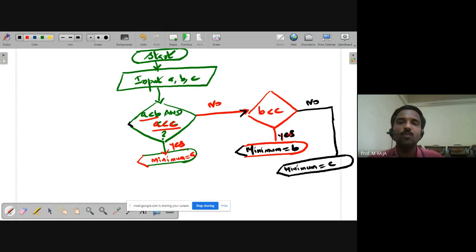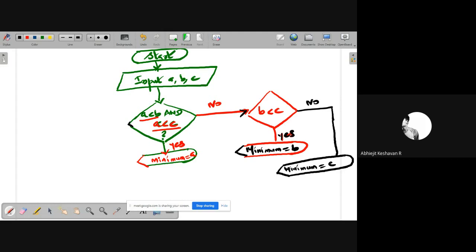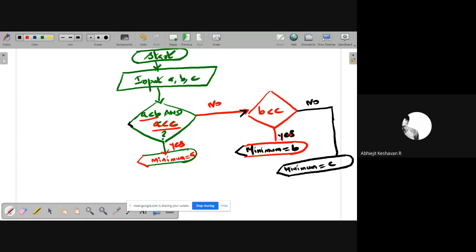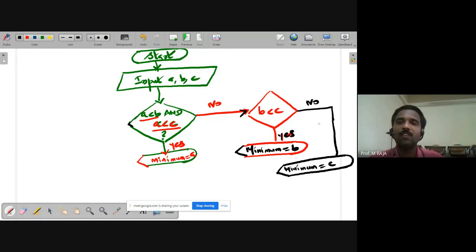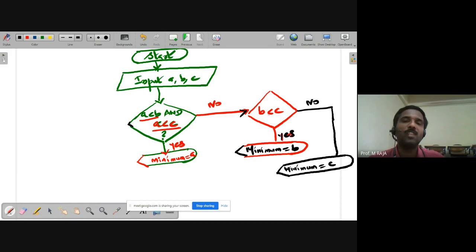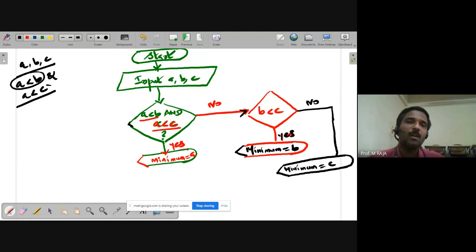Else, when B less than C is true, we have assigned the variable B to the minimum. Sir, I have a doubt. In the right hand side if statement, B is lesser than C and B is lesser than A should also come, right? Not necessary, because here we are comparing three quantities A, B, C. Initially checking if A is less than B and A is less than C. If any one condition fails, ultimately A is not a minimum quantity.